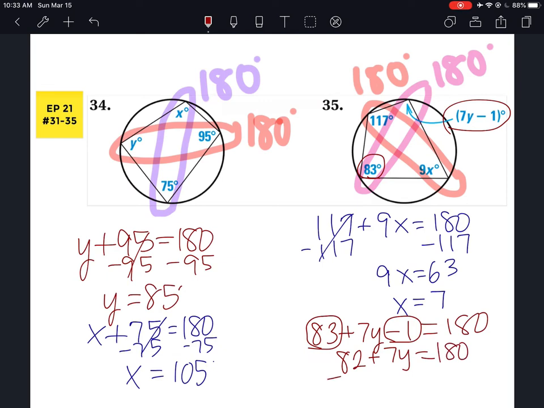I'm going to subtract 82 on both sides. When I subtract 82 on both sides, I'm going to get 98, and then when I take the 7 and divide both sides, I will get the number 14. And that's how you do 34 and 35.